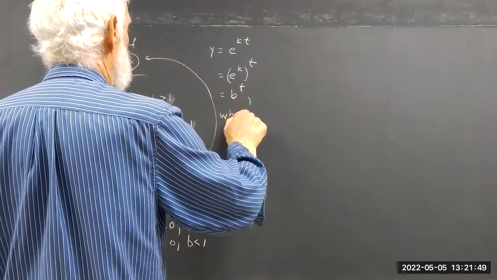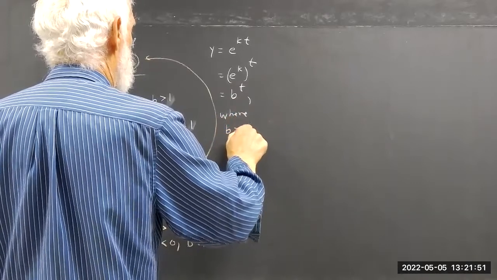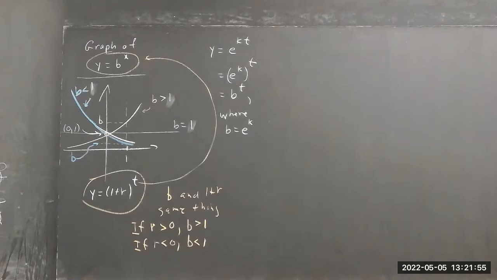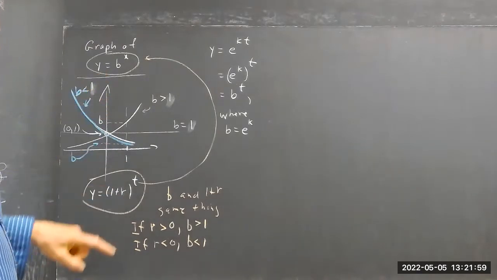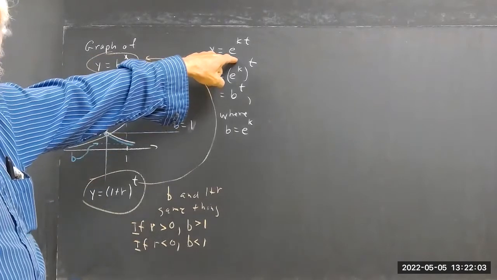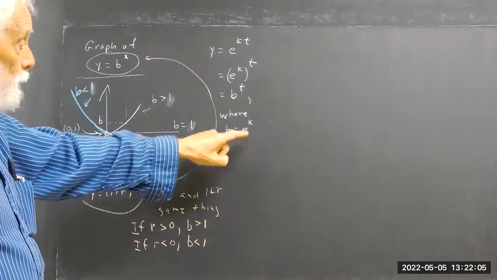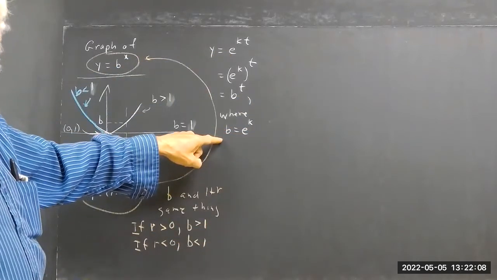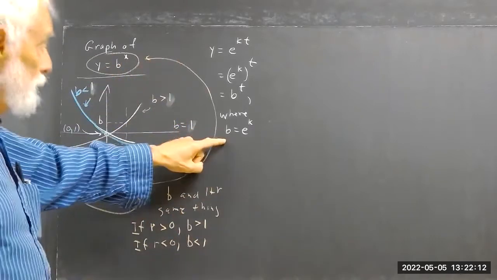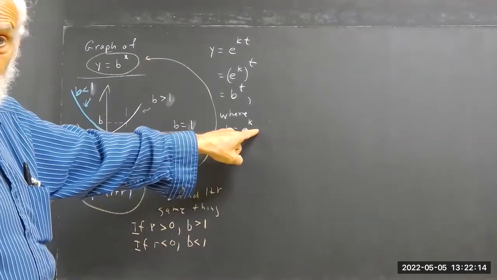That's b to the t where b equals e to the k. So for example, if you wanted to write b to the x in this form, if you know what k is, well, then you know what b would be, right? But if you know what b is, how would you find k?